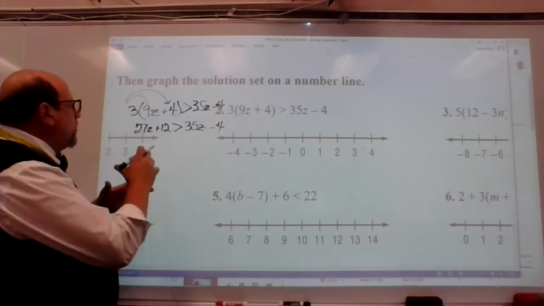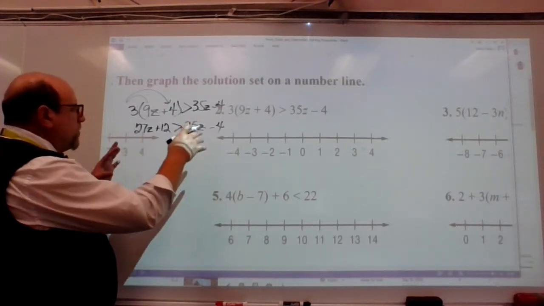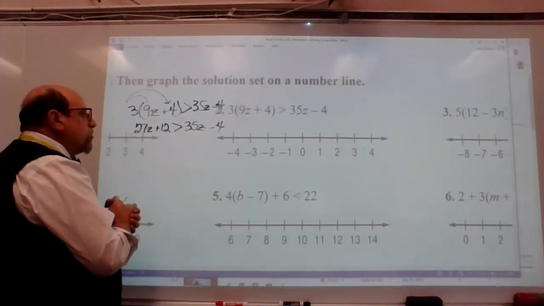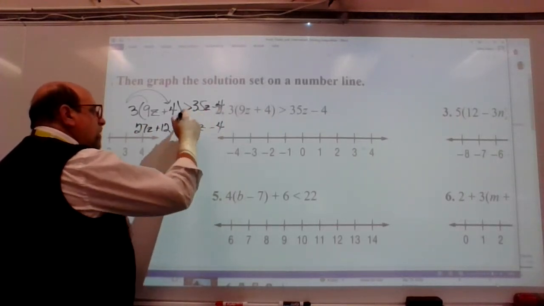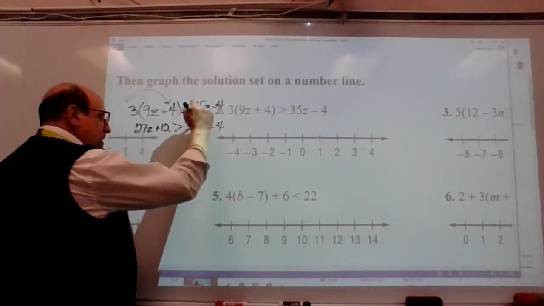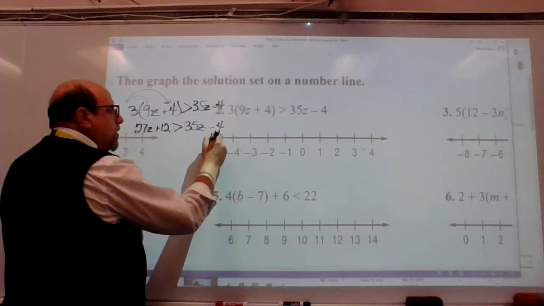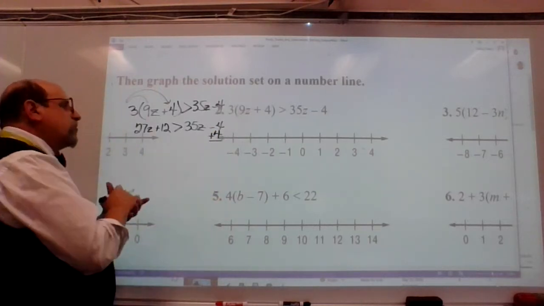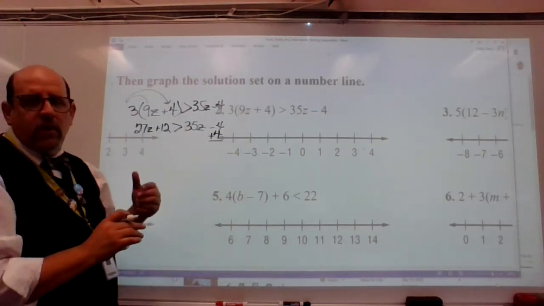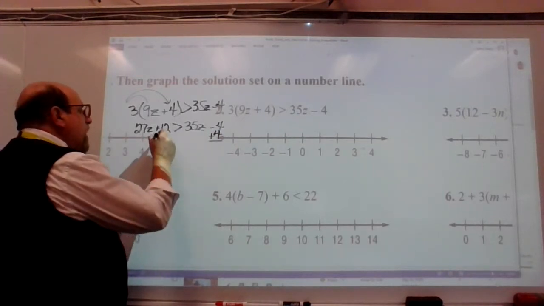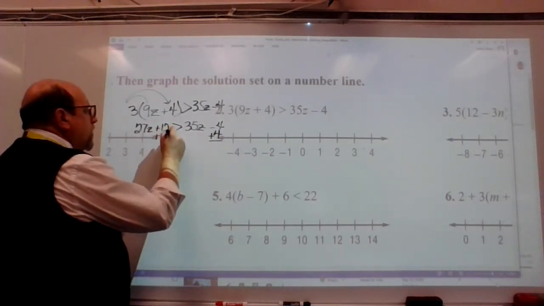If you want to, you can, whatever. Let's get rid of this addition or subtraction. And I'm going to solve for my z on the right. I'm going to add 4 to both sides. Could we have subtracted 12 and then, yeah, we absolutely could. But I'm going to add 4 to both sides.